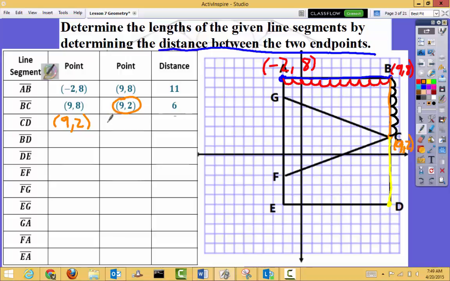So it is also 9 over. And how far down? 1, 2, 3, 4, 5. Notice how it's a negative 5 though, because we're going down. Remember, whenever you go down, it's a negative number. Whenever you go to the left, it is a negative number. So this is 9, comma, negative 5. Let's check our answer.